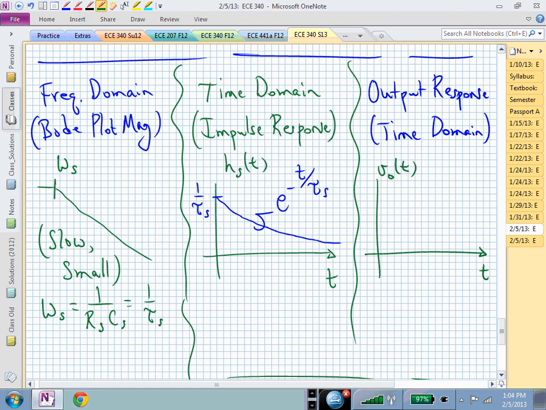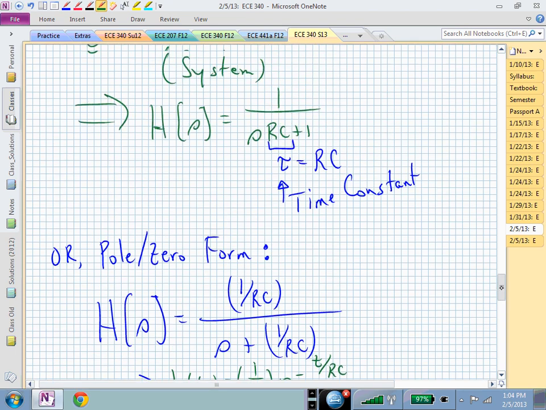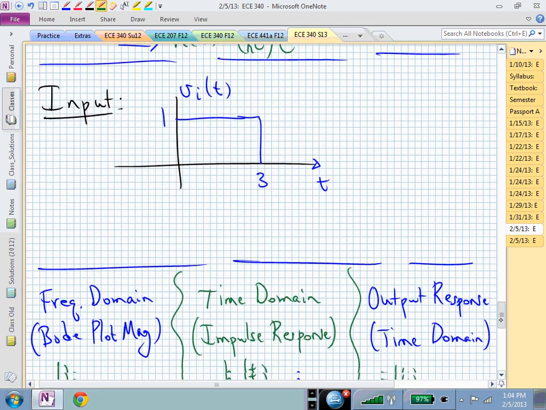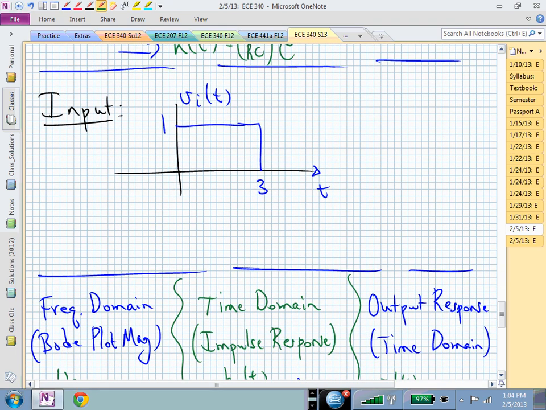If you wanted to just think in terms of behavior, if I now applied a step to this system and it's slow, what's going to happen? It's just going to gradually have this RC shape, isn't it? And then I only have a finite duration pulse. I'm going to turn it off. It'll be charged up, and then I'll turn things off and it'll start to discharge. And it's going to discharge pretty slow because it's a slow system.